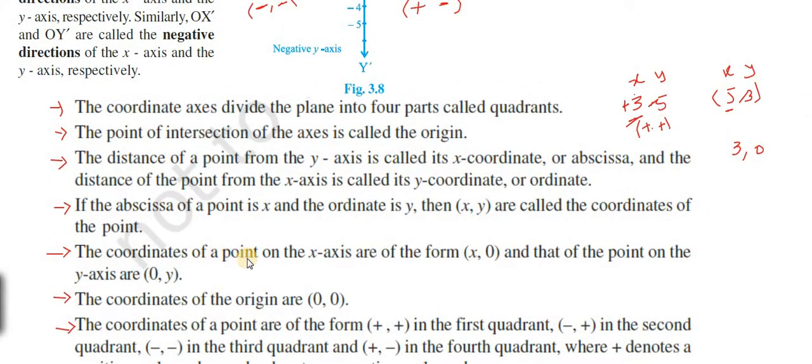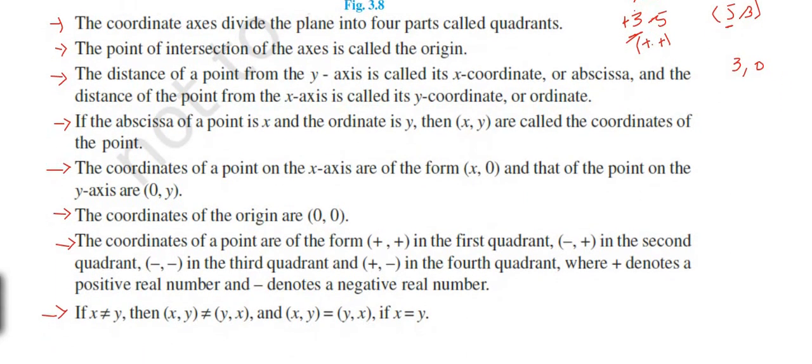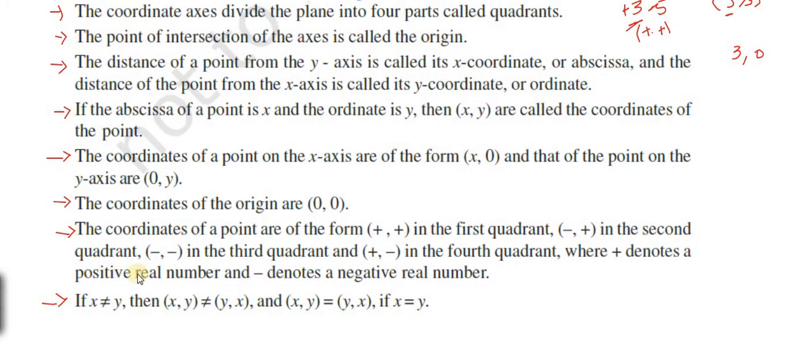The coordinates of a point on the x-axis are of the form (x, 0), that of a point on the y-axis is (0, y), and the coordinates of the origin are (0, 0), as already discussed. The coordinates of points are of the form plus comma plus in the first quadrant, minus comma plus in the second, minus comma minus in the third, and plus comma minus in the fourth quadrant, where plus denotes a positive real number and minus denotes a negative real number.